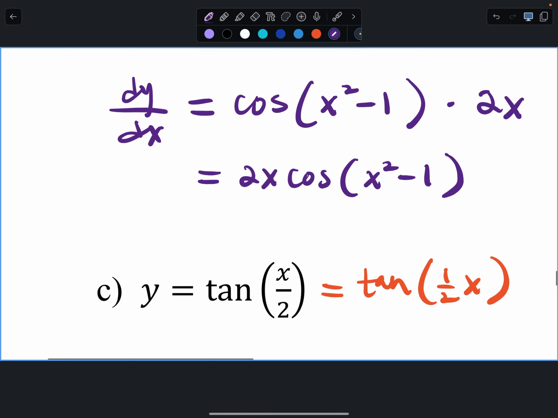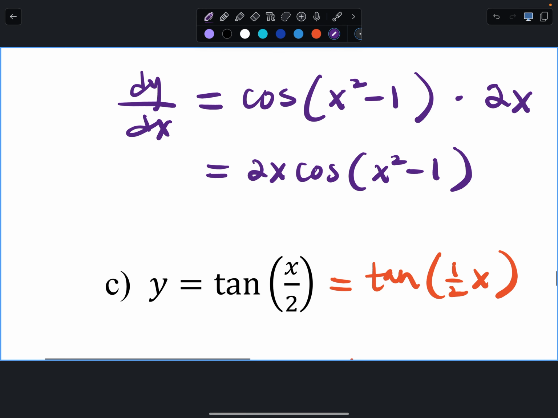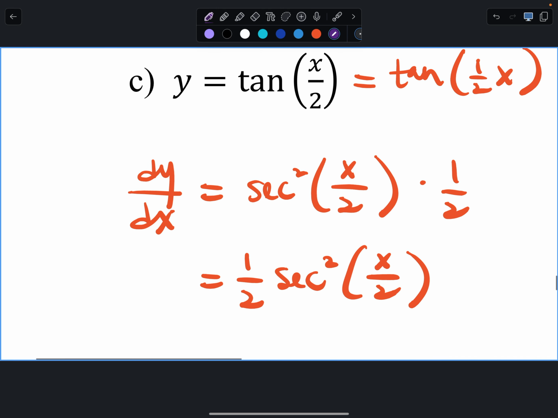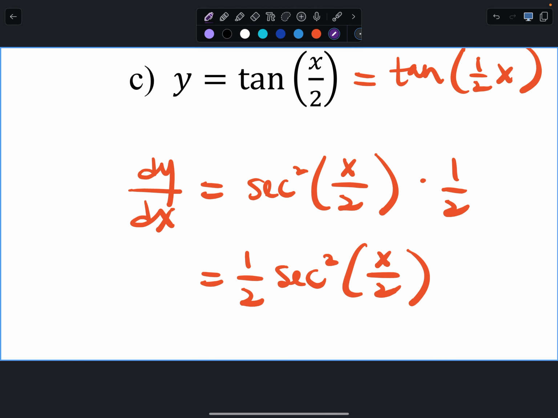Tangent of x over 2 is the same as tan of 1/2 x. Sometimes people need to see the x over 2 written as the 1/2 x in order to think about differentiation. But derivative of the outside, leave the inside alone, times the derivative of the inside. Is that okay?